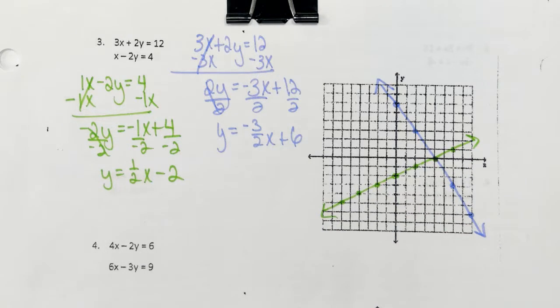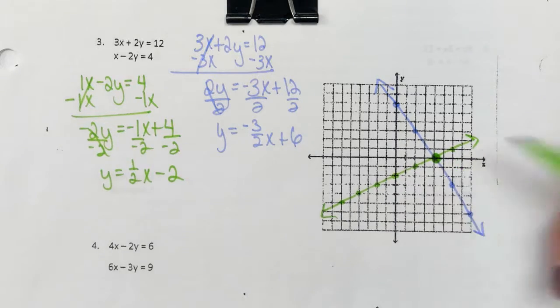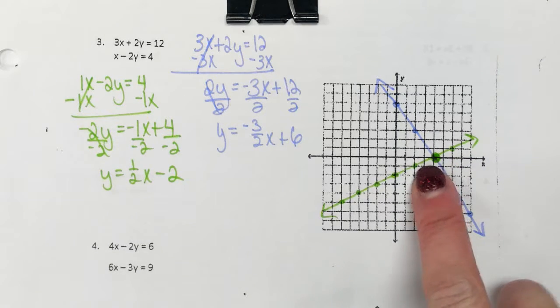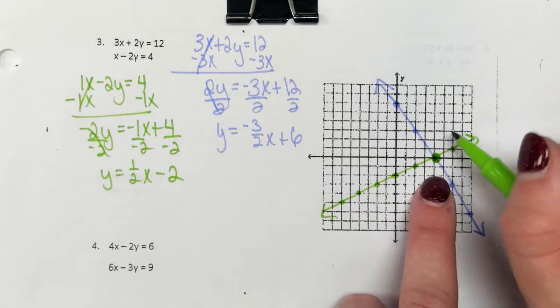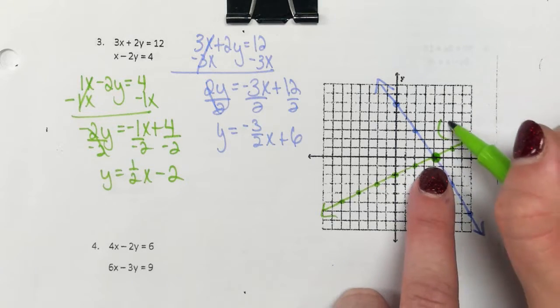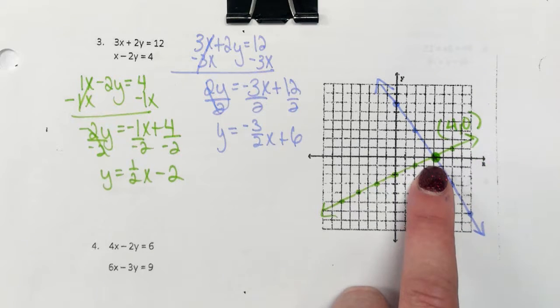Did y'all get that? Okay. All right, so if they cross at one point, this point right here where they cross is where they're both equal. So what is that point where they're both equal? 4 and 0, Nathan. Very good.